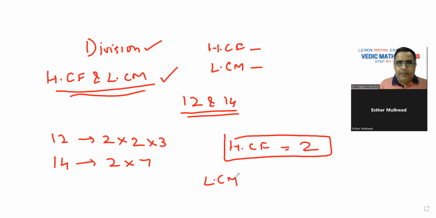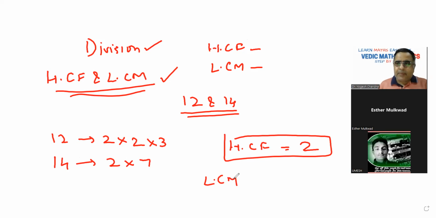LCM is common multiple. We will write the table of 12 and table of 14 and find out what is the common multiple in them. From here you cannot find.